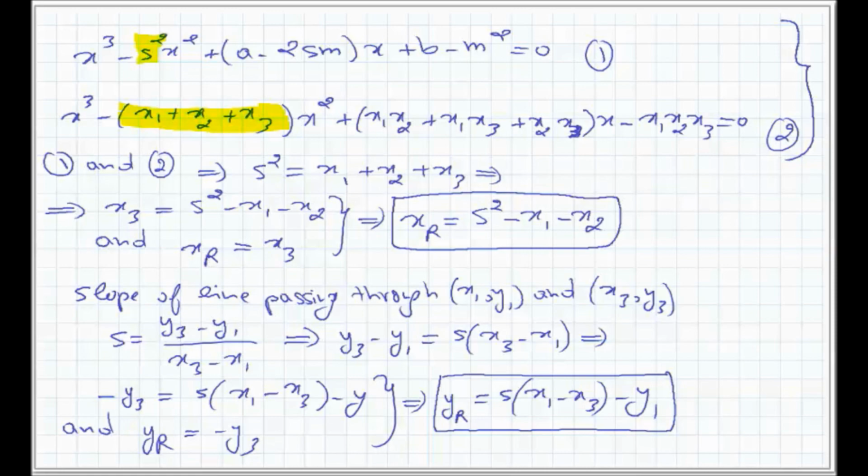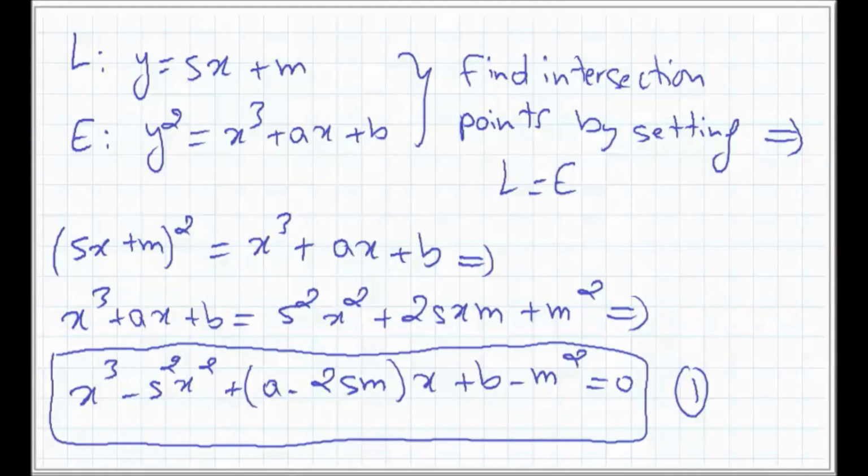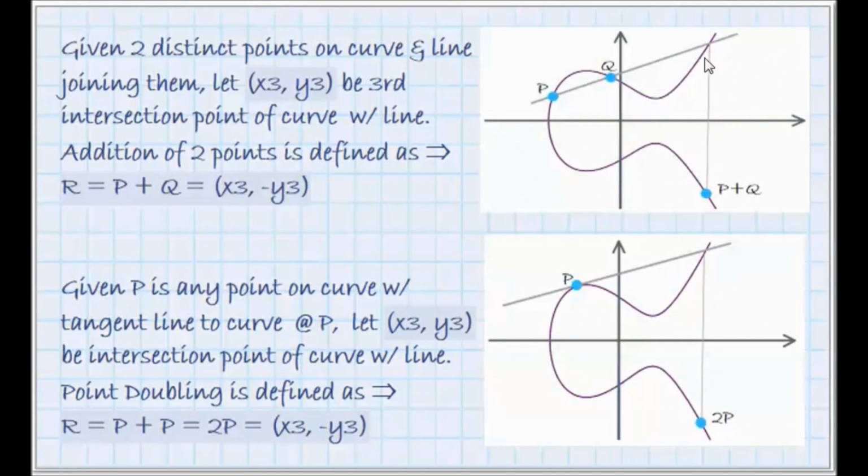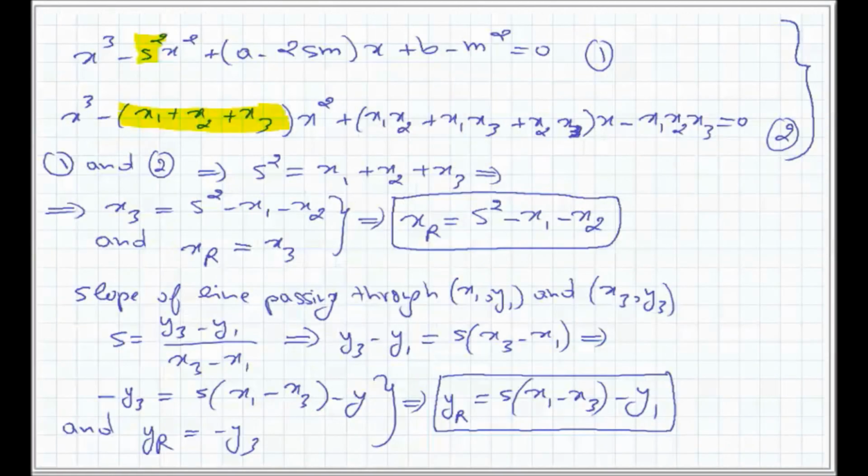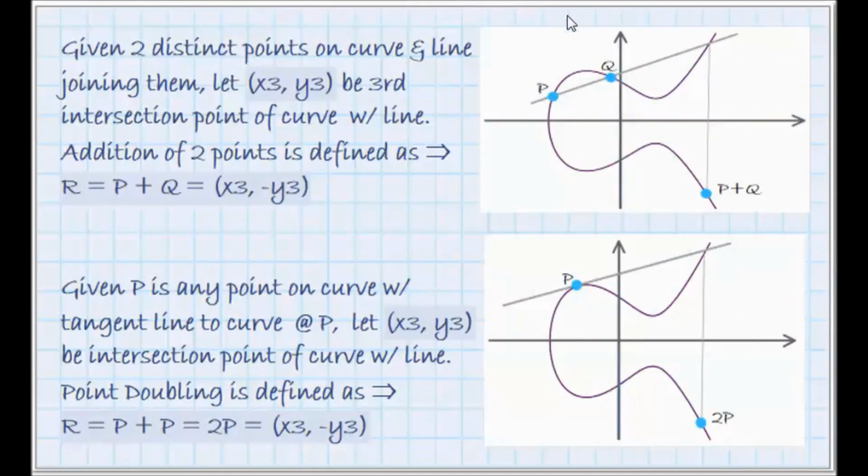And from here, the x for R is equal to x3, so for the addition of those two points, and the y is equal to -y3. So xr is equal to s squared minus x1 minus x2. And we want the slope of the line passing through (x1, y1) and (x3, y3).